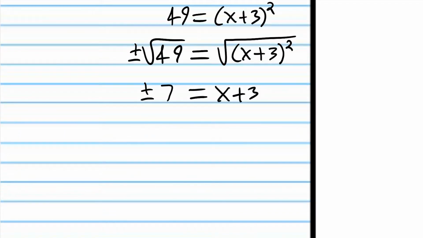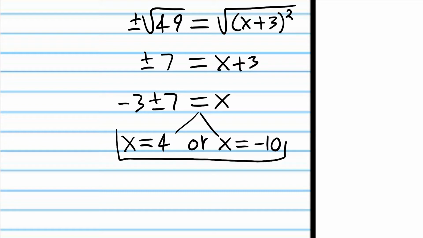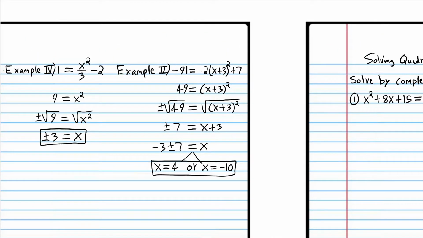Then we're going to subtract 3 from both sides, and we get negative 3 plus or minus 7 is equal to x. And what this means is that x can be negative 3 plus 7, which is 4, or x can be negative 3 minus 7, which is negative 10. So there you go. If you got those answers, good job.